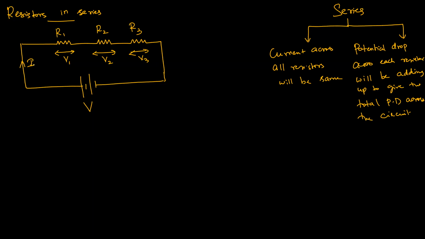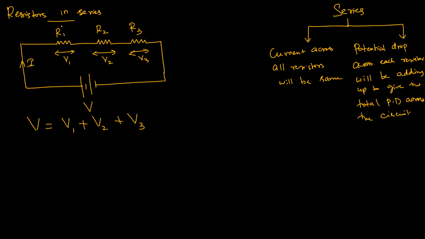I'm going to mathematically combine these two statements and derive an expression. V will be equal to V1 plus V2 plus V3. To find V1, V2, V3, I can apply Ohm's law, which you can apply whenever you have one potential difference and one resistor.